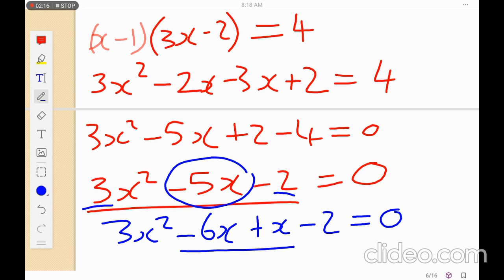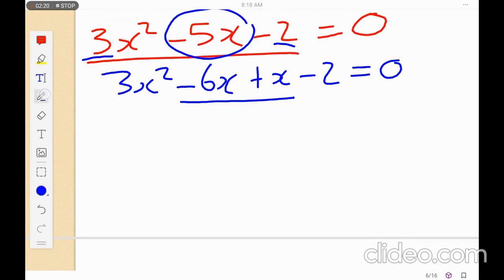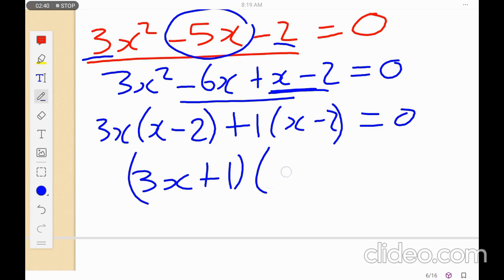If we now factorize, we can have 3x here and x minus 2 there, and here I can factor out 1. I have x minus 2 is equal to 0. So the factors that I have are 3x plus 1 and x minus 2 is equal to 0.